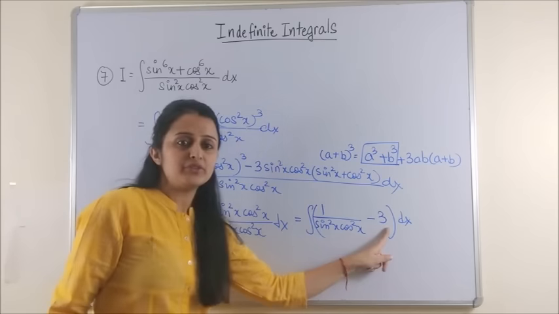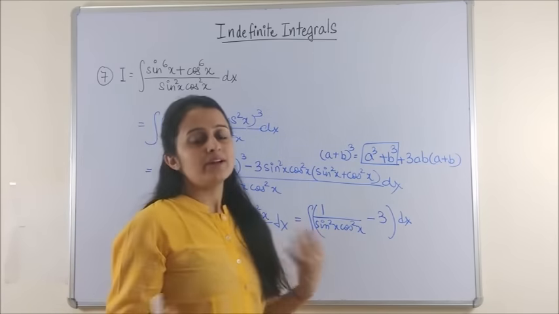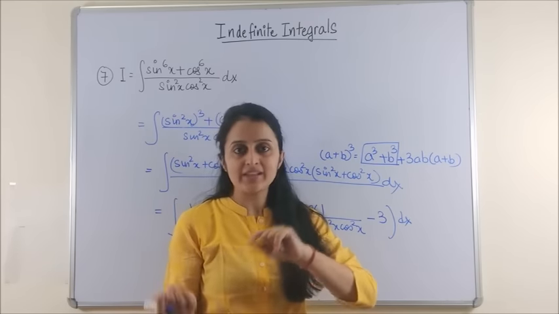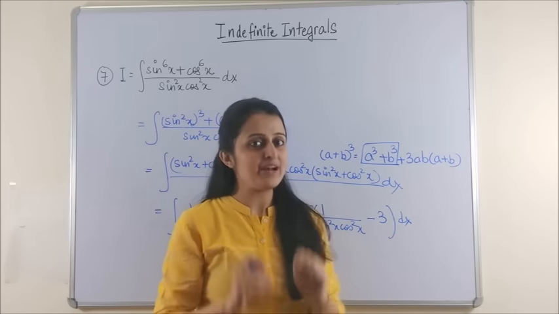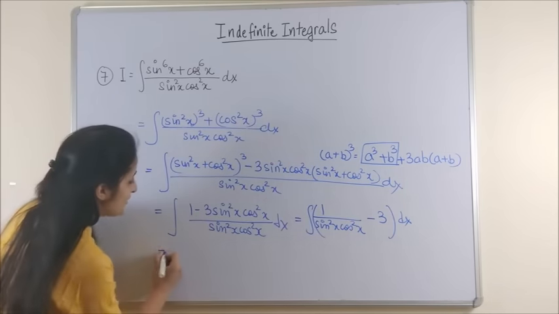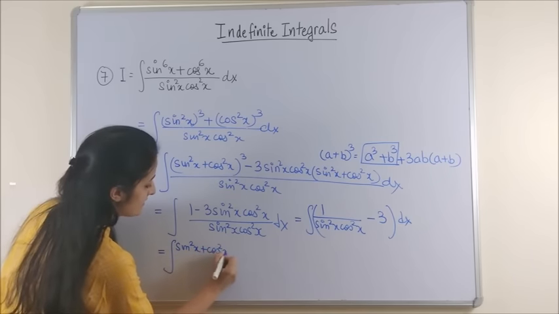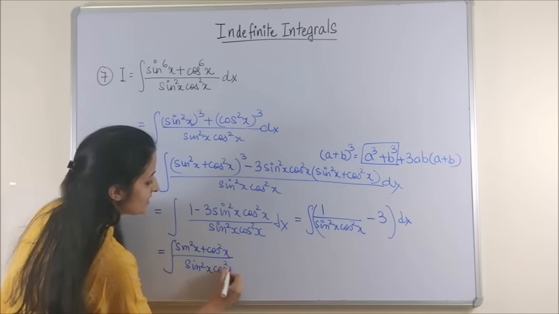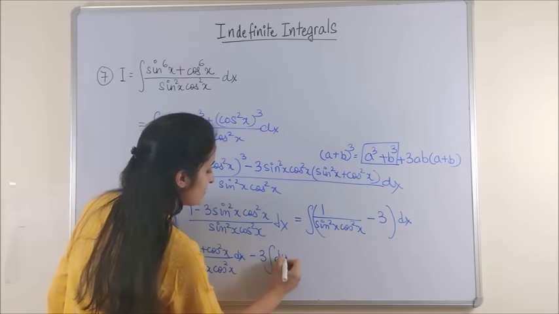Now integrating 3 is not a problem at all, but what do we do over here? Well, once again it's simple. I can express my 1 as sin square x plus cos square x, separate them out and then let's see the magic. So we write your 1 as sin square x plus cos square x whole upon sin square x cos square x, and let's take this 3dx separately.